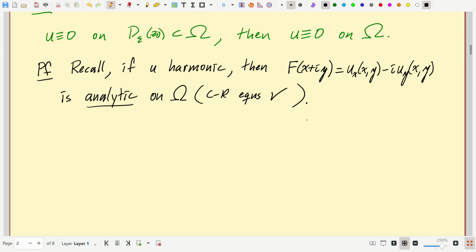And so this hypothesis would say, note that F would be identically 0 on that little disk where the U is identically 0. So F would be identically 0 on omega.